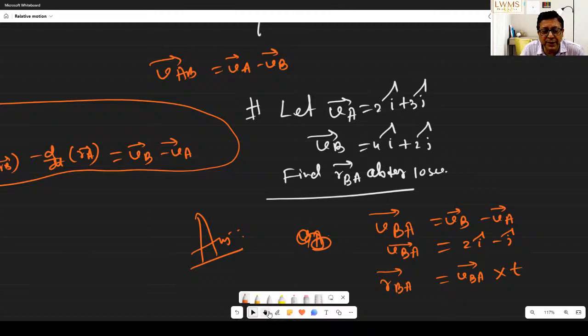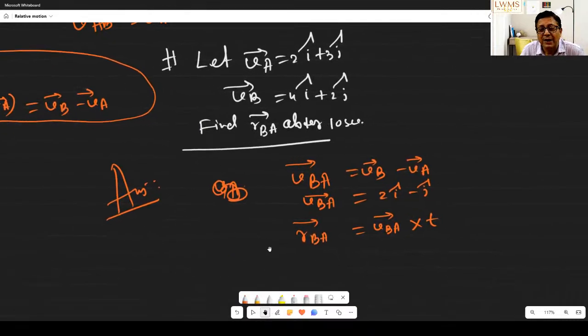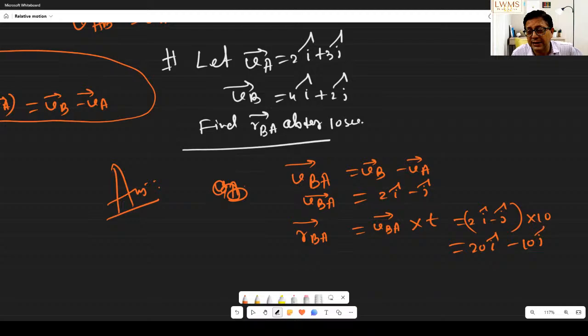RBA is going to be VBA into t. Relative velocity of B with respect to A multiplied by time. So this is going to be (2i minus j) into 10. So 20i minus 10j. You find the mod of this to get the actual value of the distance.